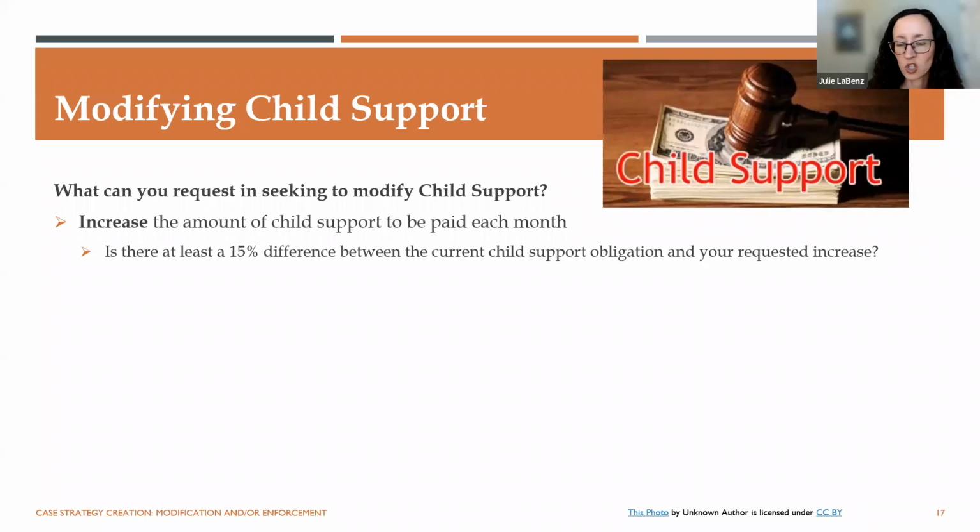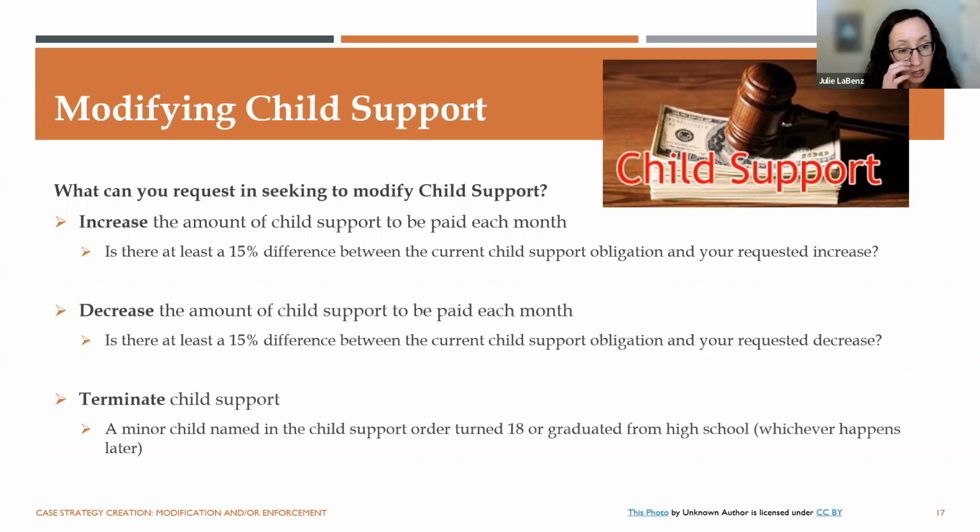So it's important to look at this from that perspective. Is the change in income for either parent or expenses for the child or something like that going to make a big enough change in the child support calculation to merit seeking a modification? You can also seek to decrease the amount of child support to be paid each month, again, looking at that 15% difference. You can also seek to terminate child support.